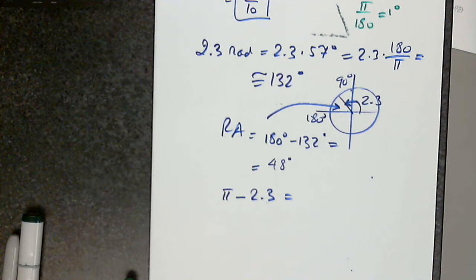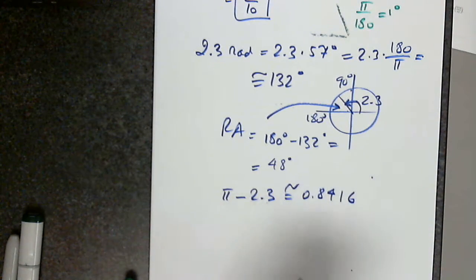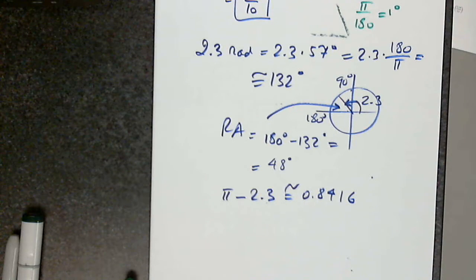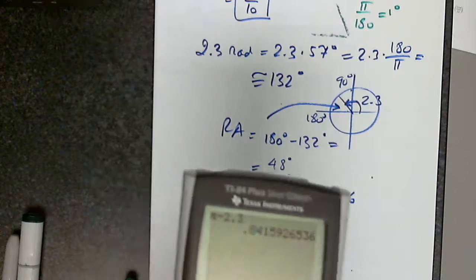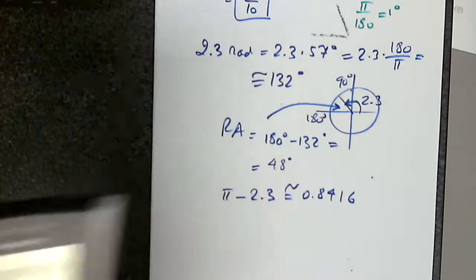If I keep it like this, it's no approximation. If you subtract it from pi, then you will have an approximation. So pi minus 2.3, I got approximately 0.8416, of course, radians. So what I did was I took pi and I subtracted 2.3.